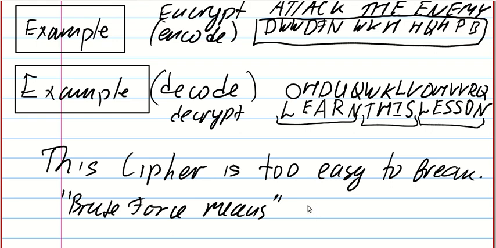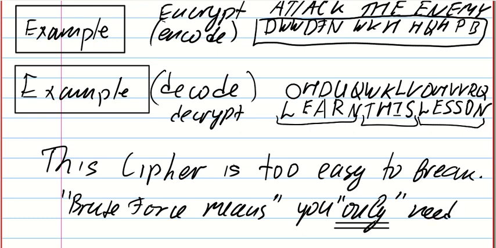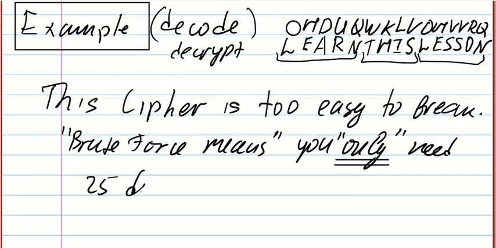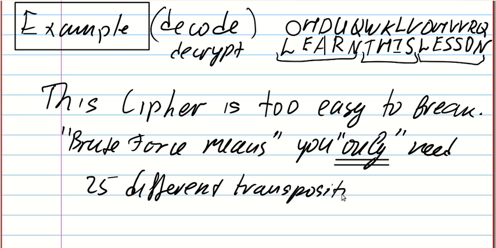There are only 25 different transpositions that you can use, because even though there are 26 letters, one is the correct one, and so you need to make 25 different transpositions. It's tedious, it's a lot of time, but it's doable, right?